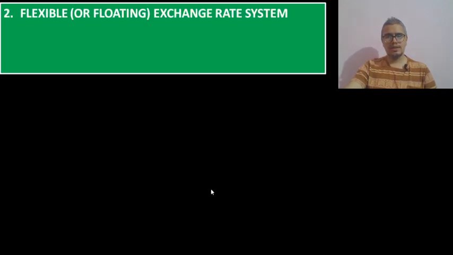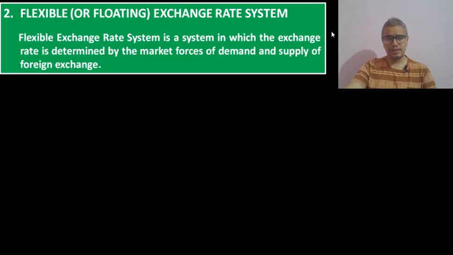Okay, now after 1973, a new foreign exchange rate system came up, and that system is known as the flexible or floating foreign exchange rate system. In this system, the exchange rate was no longer determined by the government or the monetary authority.